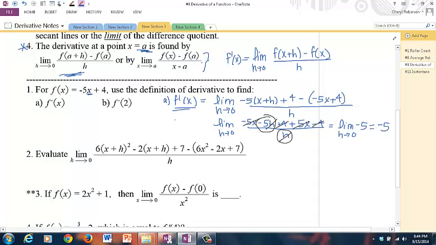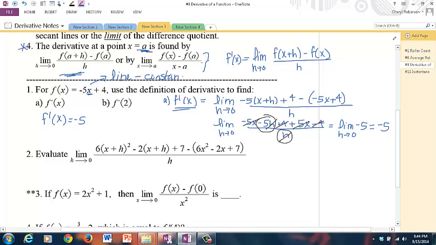Or remember, we were talking about f prime of x, so f prime of x should be equal to negative 5. Well, if we think about the graph of this, this is a line. This is the graph of a line. So if this is a line, the linear, we have a constant slope.